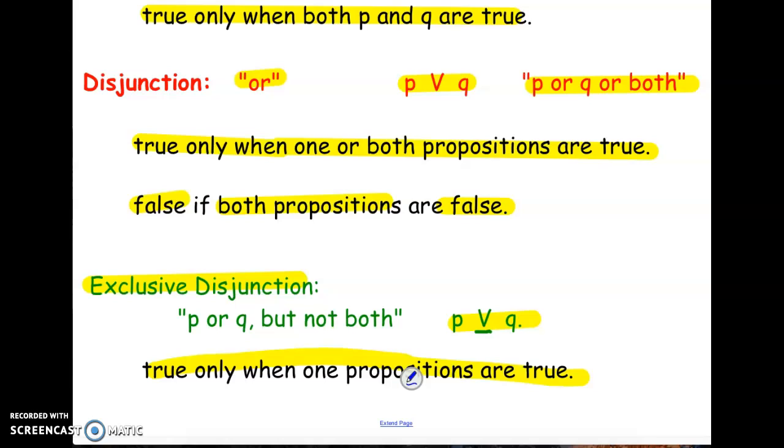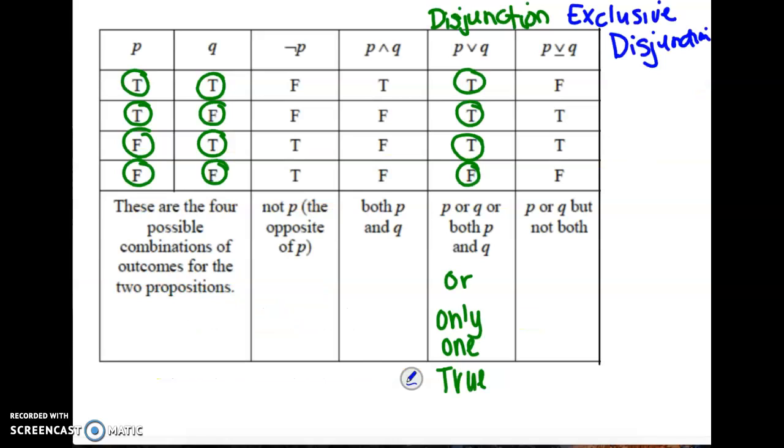True only when one of the propositions is true. Only one we want to be true. So this one's true and this one's true. That's two. We only want one. So what's our final answer?